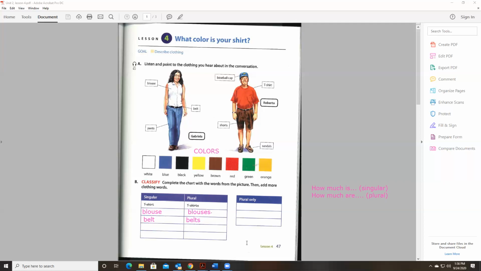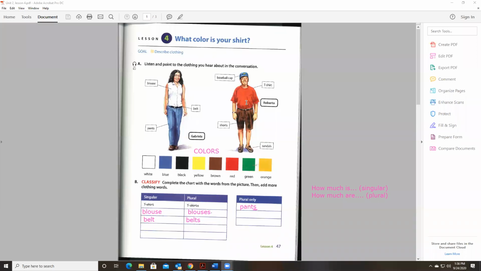Now let's look at the word pants. Okay. These are one of those words that are always going to be plural. It does not change. I know it is only one pair of pants, but the word pants is always a word that is going to be plural. I would say that a good way to remember is because of the S.